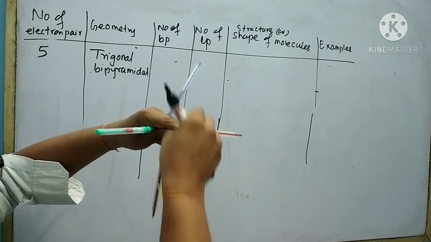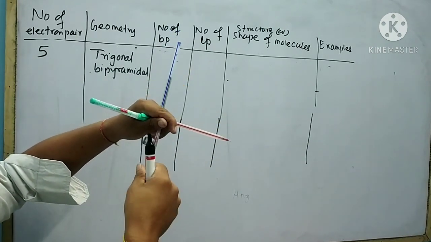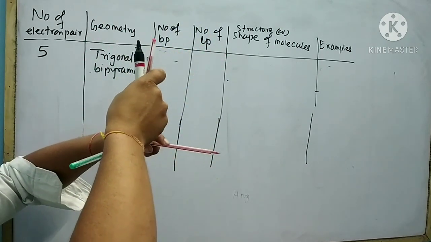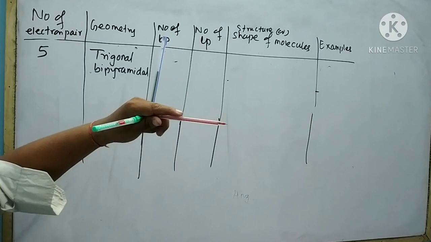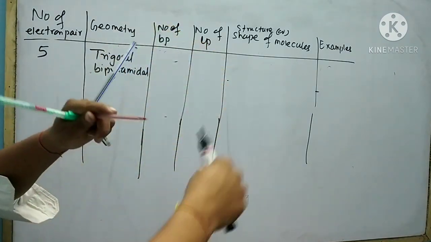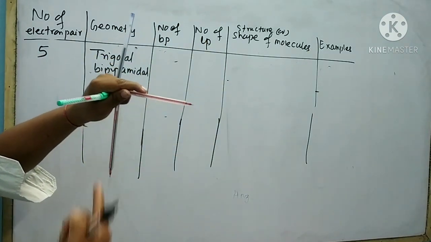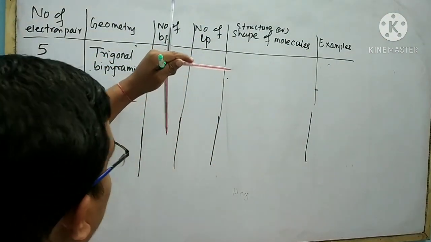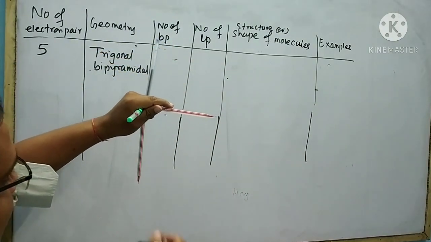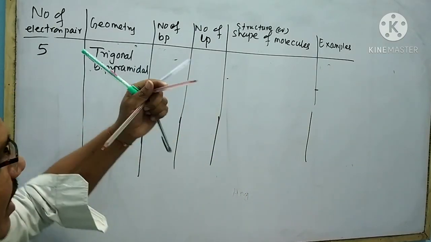This is said to be trigonal bipyramidal. Look at that, this is your trigonal. When the 4th electron pair is present like this, then this is said to be trigonal pyramidal. When the 5th electron pair is present below like this, then another pyramidal will be formed. So this is said to be trigonal bipyramidal.